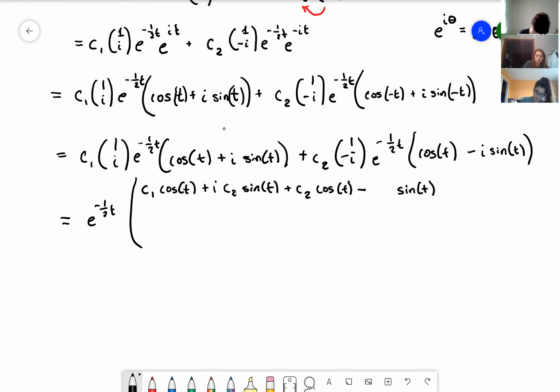So it's easier to pick out the imaginary parts. Okay, now I c1 cosine of t. Now I have this I here times this I, so that's minus c1 sine of t.